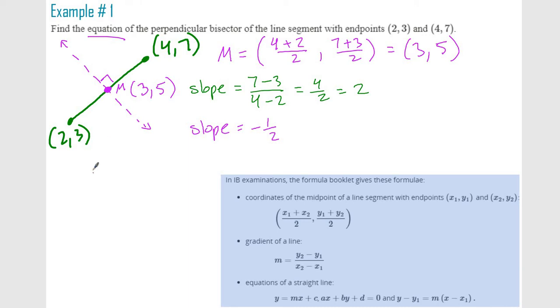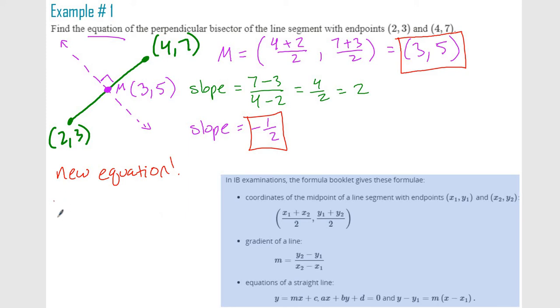So our new equation is going to use this point. Kind of crossed it all out, didn't I? This midpoint and this slope.